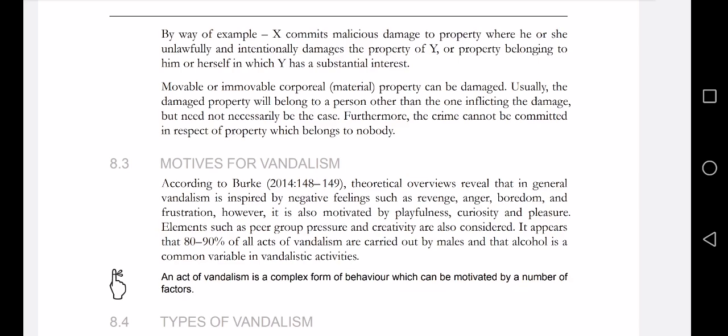Movable or immovable corporeal material property can be damaged. Usually the damaged property will belong to a person other than the one inflicting the damage, but this need not necessarily be the case. Furthermore, the crime cannot be committed in respect of property which belongs to nobody.